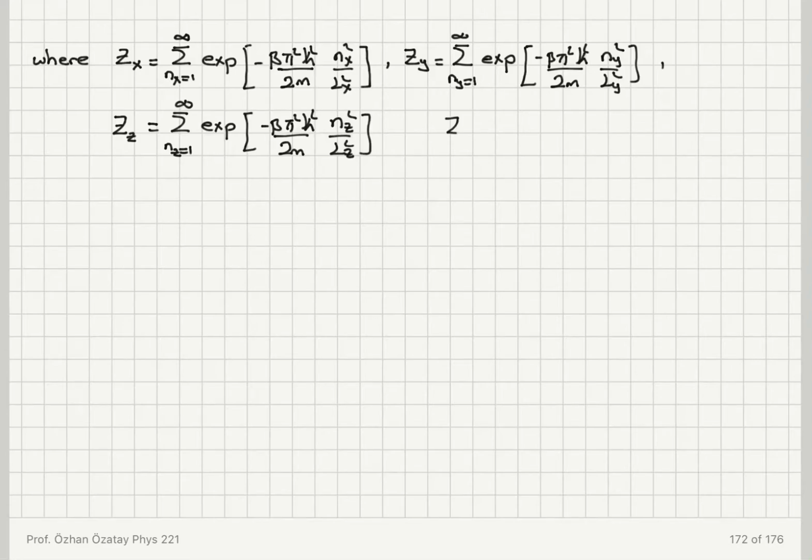So then the total partition function is the product of Zx, Zy, and Zz.